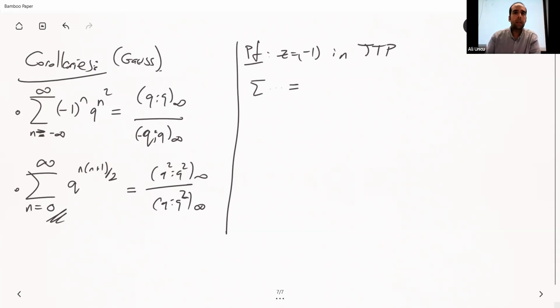Then minus z becomes a q, minus q over z becomes a q, and then a q squared and a q squared sub infinity. So I will look at the last three. It is q to the power 1, q to the power 2, base q to the power 2. So it is 1 modulo 2 parts and 2 modulo 2 parts on the top.